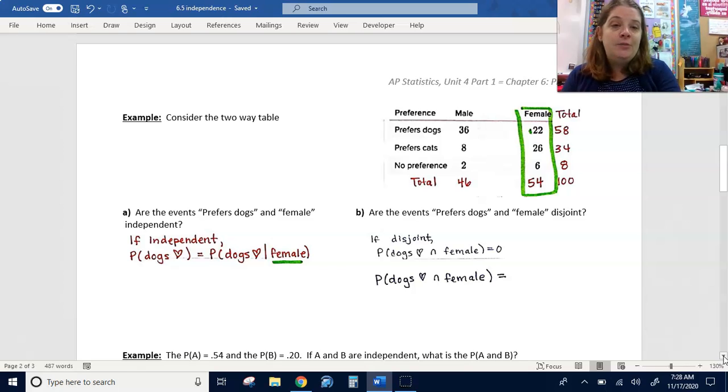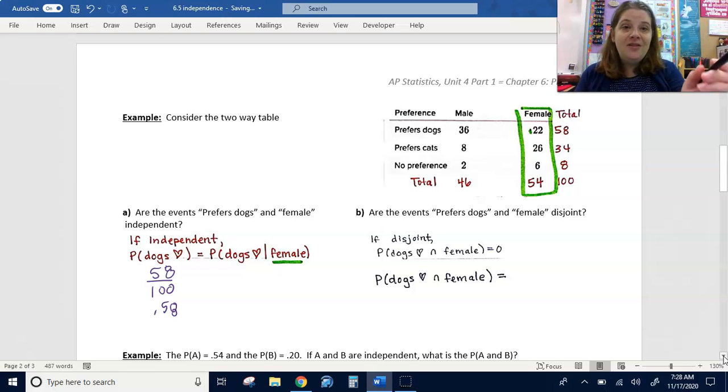Okay, so I would go up to my table and find the totals. The probability that someone prefers dogs is 58 out of 100, which is 0.58. And then the probability that someone prefers dogs, given that I know they're female.